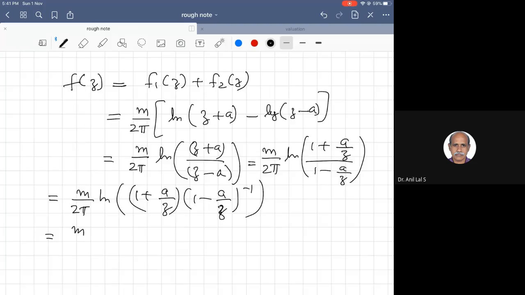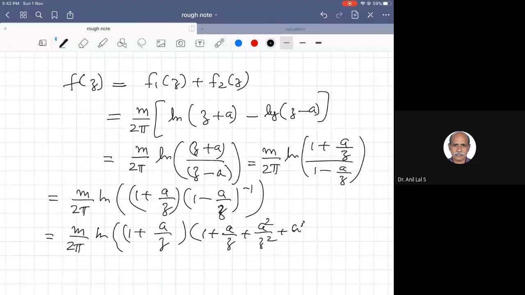So that is m by 2 pi logarithm of 1 plus a by z into, this is of the form 1 minus x the whole raised to minus 1, which is 1 plus x plus x squared plus x cubed, etc. In this, we will apply the limit a tending to 0.